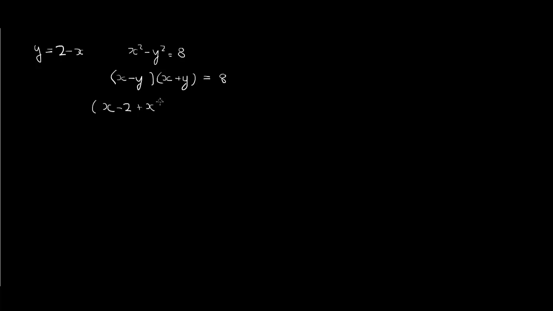So if we substitute for y, put 2 minus x in for y, this time we're going to find x first, so we're doing a substitution in a different order, if you like. And if you collect all of them up, you will see it comes out at 2(2x minus 2) equals 8.